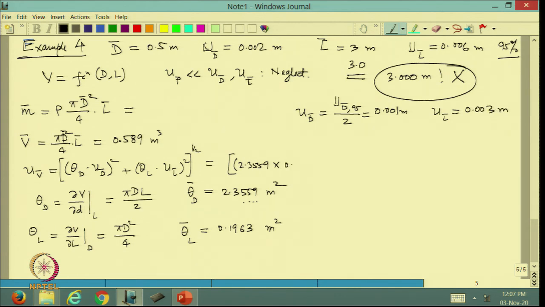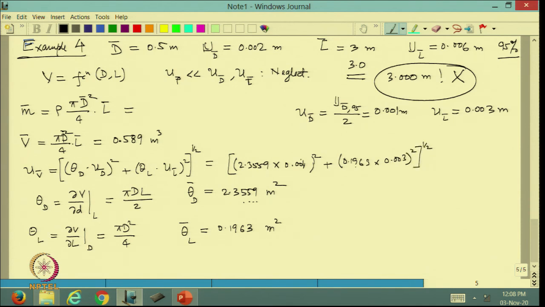So here we put 0.001 the whole thing square, plus 0.1963 into 0.003 whole square, raised to the power half.